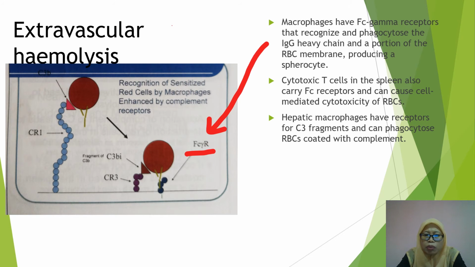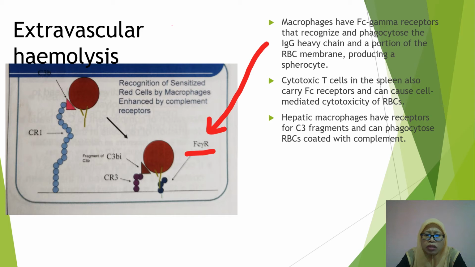Okay, it is important for you to know the importance of the Fc gamma receptor. The macrophages contain this Fc gamma receptor that eventually recognizes and phagocytizes the IgG heavy chain and a portion of the RBC membrane, and therefore it will produce a spherocyte.